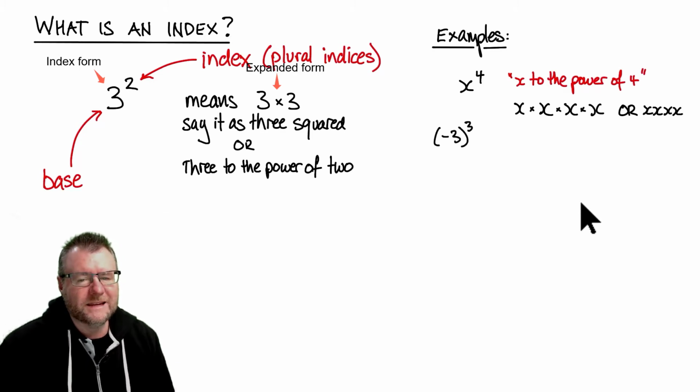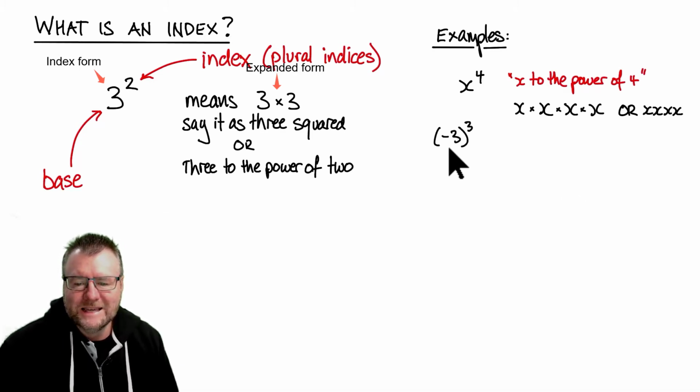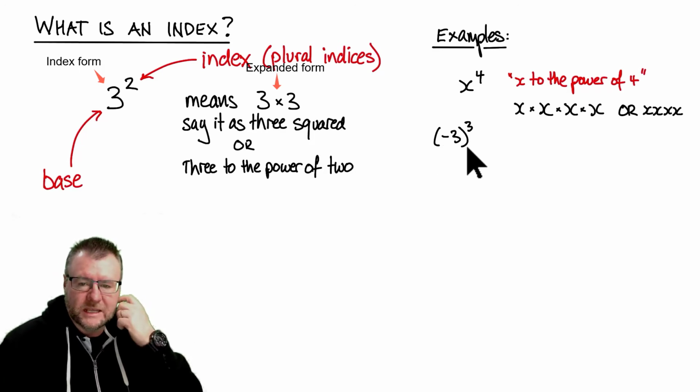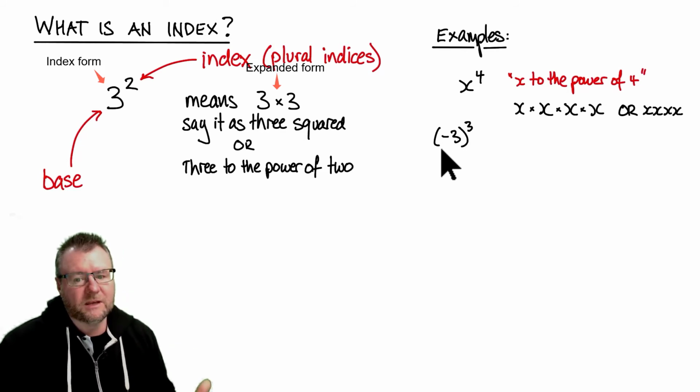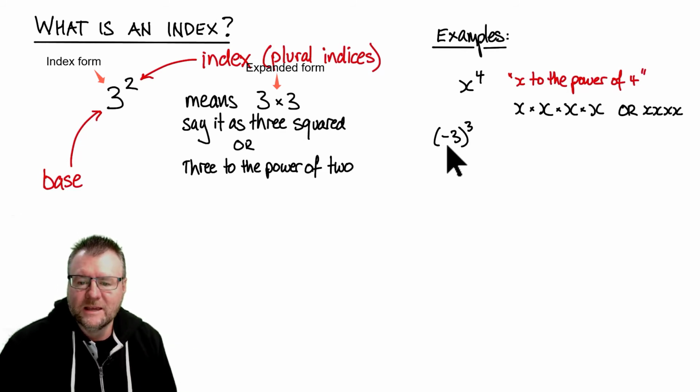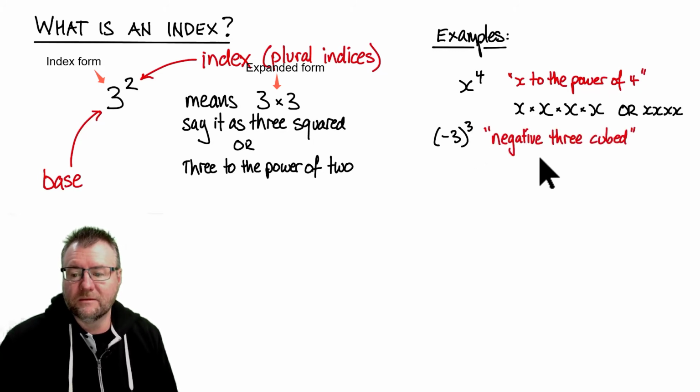Here's one though that has a negative number in the base. Now it's a good habit and usually you'll see them written inside of brackets. Long story, I'm not going to go into it here. Maybe we'll do it in another video, but it can get really confusing if they're not in the brackets. So that means negative 3 in my base means to the power of 3, right? Negative 3, or sometimes we say cubed.